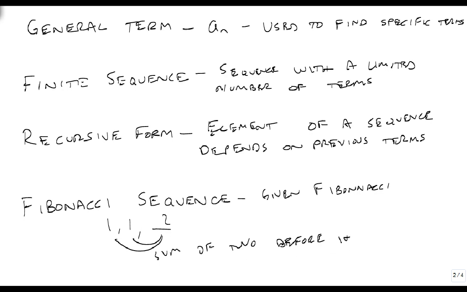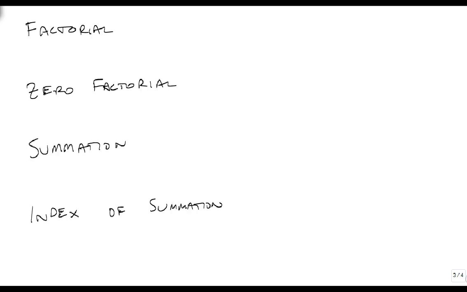So 1 plus 1 is 2. Then this one depends on the 1 and 2, which is 3, and then 2 and 3, which is 5, and 3 and 5, which is 8, 5 and 8 is 13, and it just goes on. So it's an infinite sequence that models a lot of things in the real world, actually.